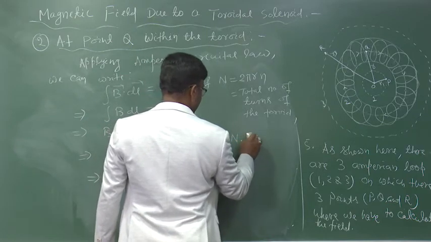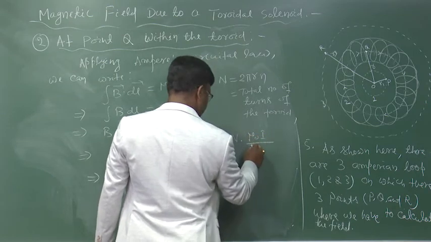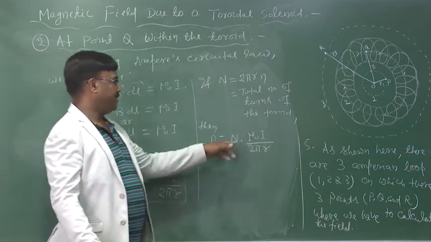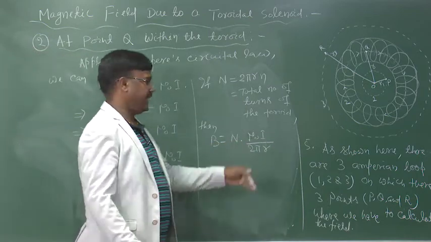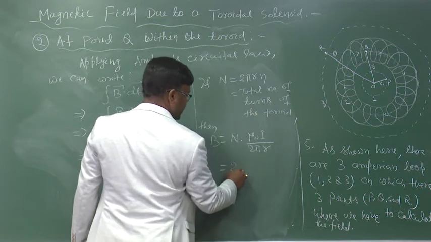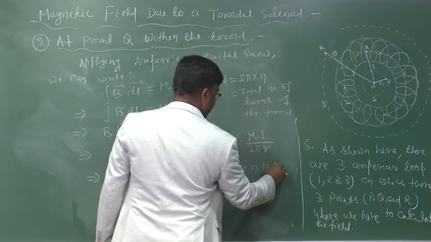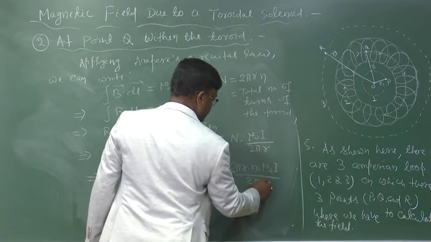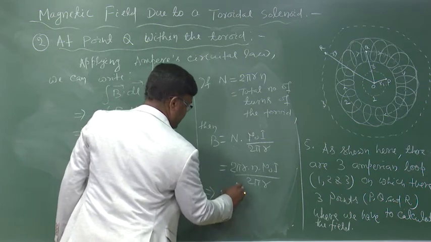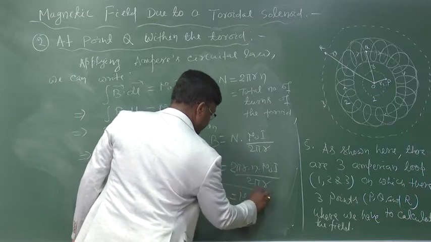N into mu 0 I by 2 pi r, because the magnetic field strength will increase n times. So in place of N we can write 2 pi r into n into mu 0 I divided by 2 pi r, which implies B is equal to mu 0 n I.